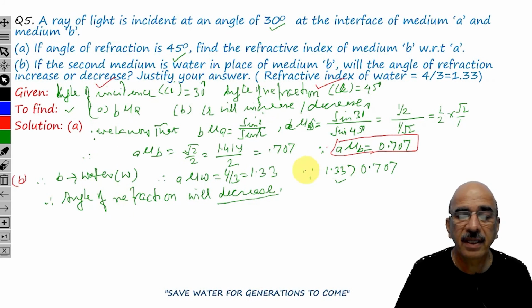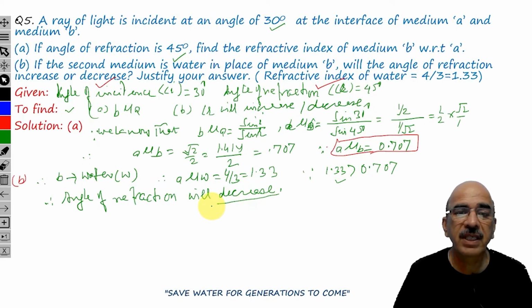So this is the reason, since 1.33 is more than 0.707. So when refractive index is higher, we know that when refractive index is higher, then angle of refraction will always decrease. Means ray of light will bend towards normal, or we can say that speed of light will also be less in that medium. Okay, any problem here?